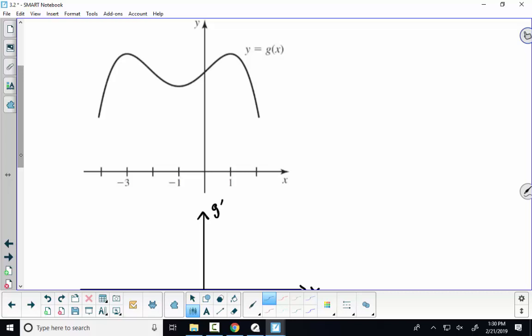Do we see any corners? Do we see any places of discontinuity? And we don't see the tangent line getting vertical, right? So even way out here, tangent lines like that, it's not vertical. Do we see anywhere the derivative would be 0?